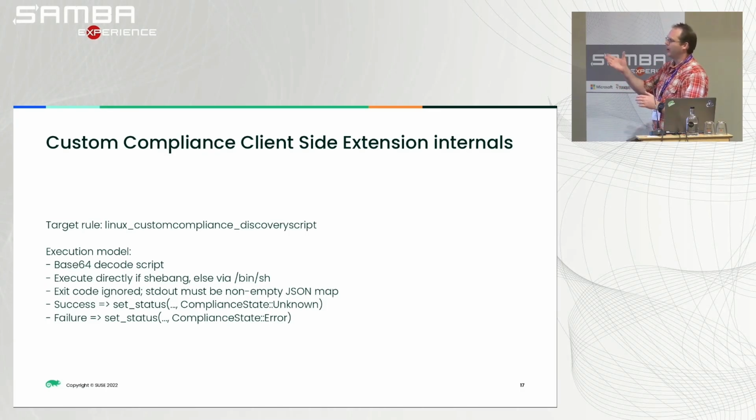So here on the host, all we do is execute that script immediately and send the response to Microsoft and say, compliance state is unknown, because even if the script executed successfully, we don't know if the compliance state was successful. We're simply responding with that compliance state to Microsoft, and then Microsoft determines whether or not the device is compliant based on our input. This is a better policy behavior, in my opinion. This is probably the best way to apply policies because you have a lot of options.